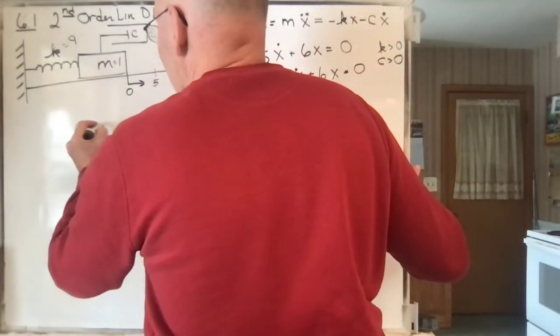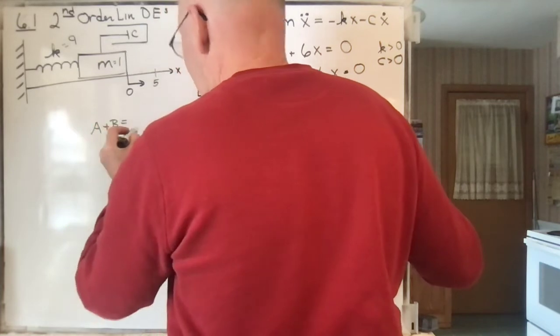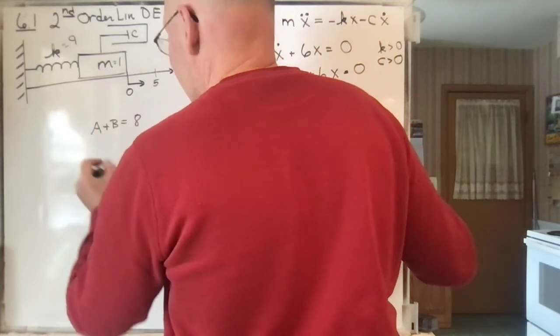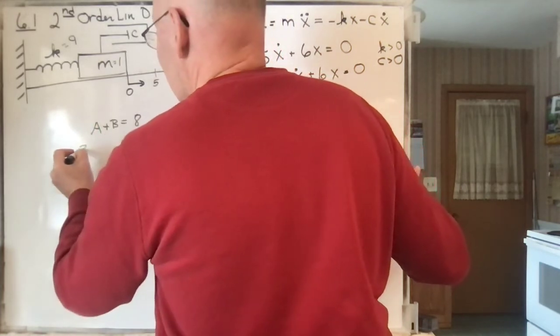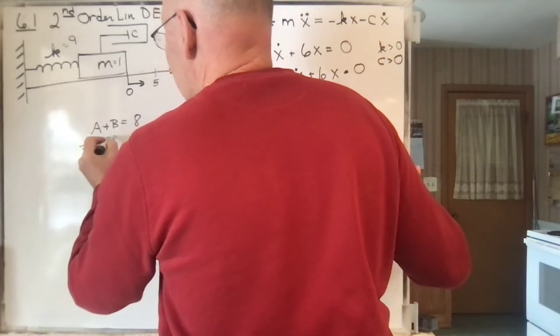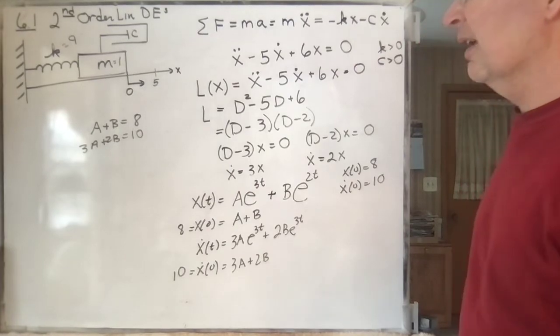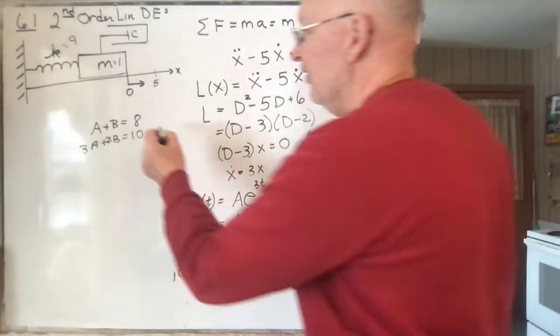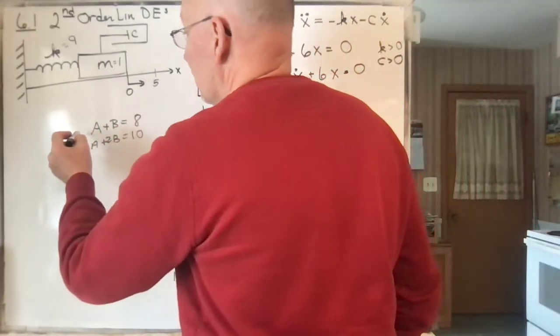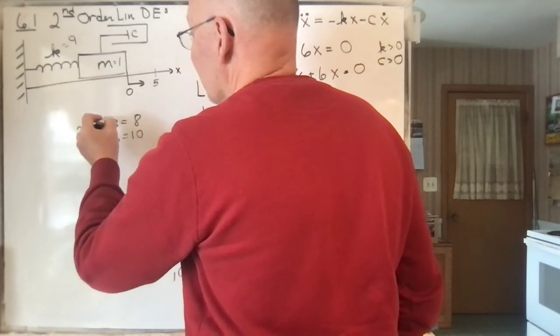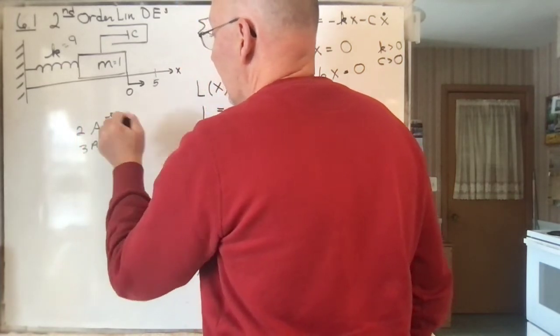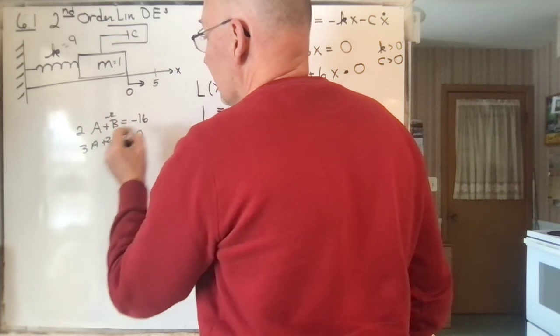We have a plus b is equal to 8, and 3a plus 2b is equal to 10. So what's the way to solve that? Let's see, if I multiply this equation by a -2, I'm going to get a -2 here, a -2 here, and a -16 here.